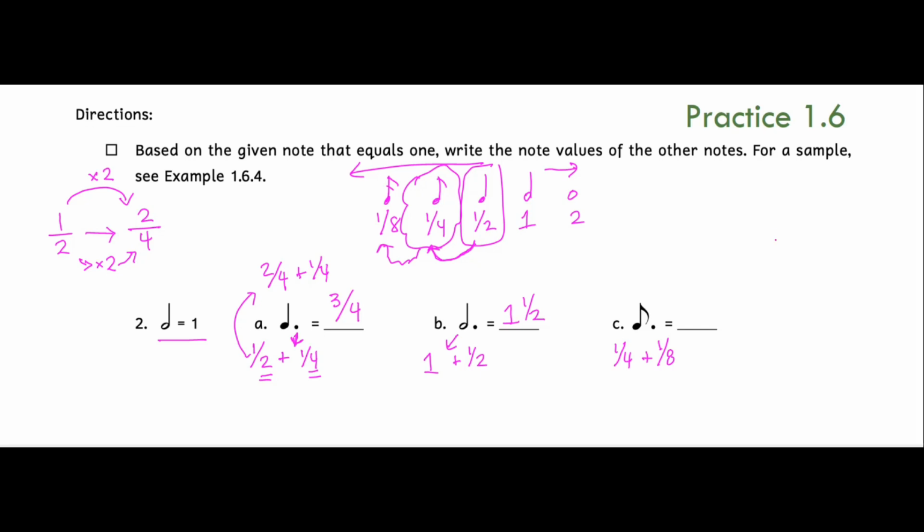So what we're going to do is we're going to rewrite 1/4 so that the bottom number is 8. So in order to get 4 to become 8, we need to times 2. So similarly, we're going to go 1 times 2 equals 2. So 2/8 plus 1/8 would equal 3/8.